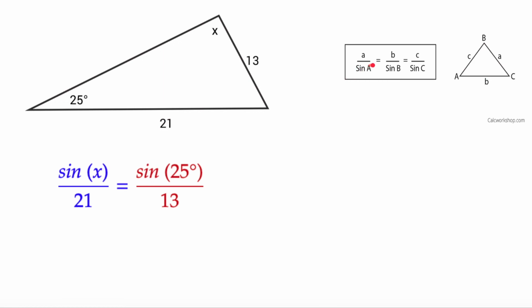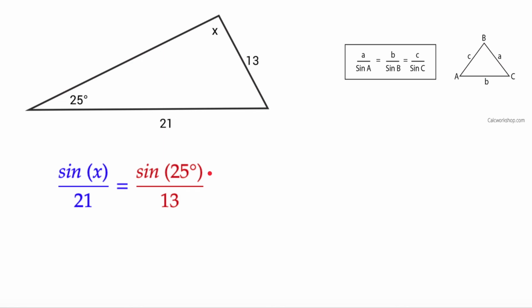We'll write it as x here to find it later, over 21, which is the corresponding side, and then the same thing with this side, sine of 25 degrees over 13.